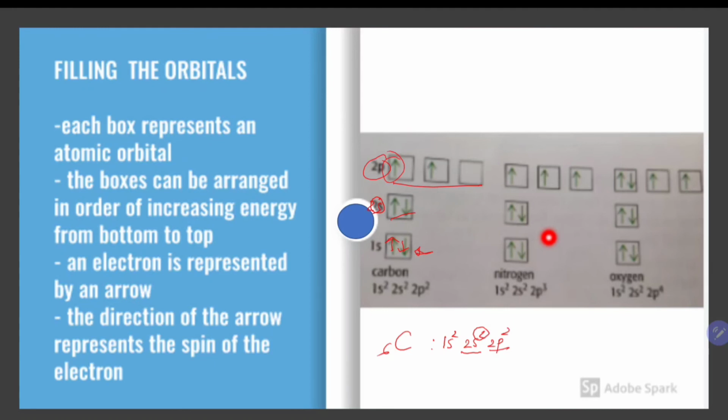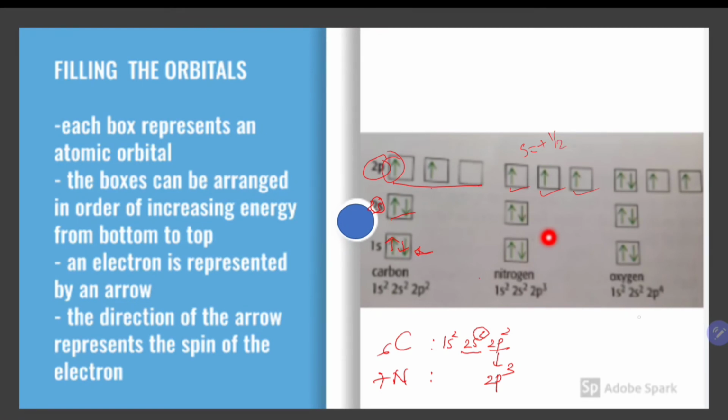So 2p here is single. For nitrogen with proton number 7, the difference here is that it becomes 2p3, 3 electrons in 3 orbitals, so single, and the spin is plus half for all.